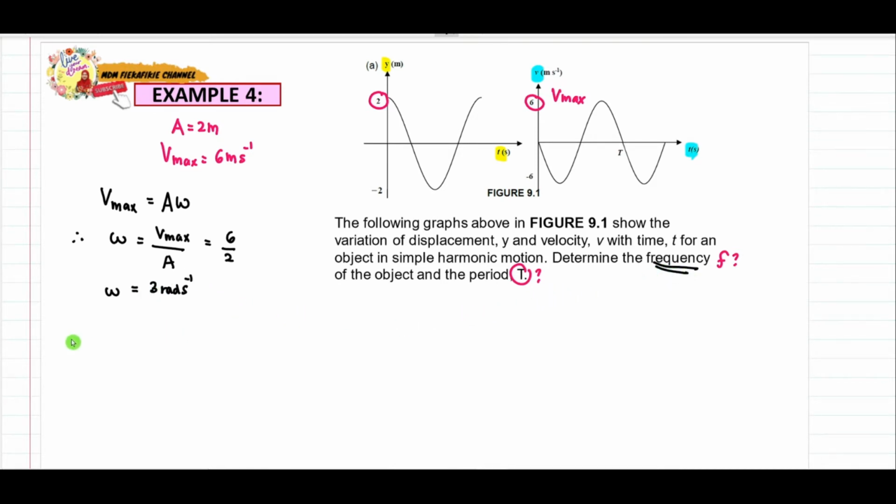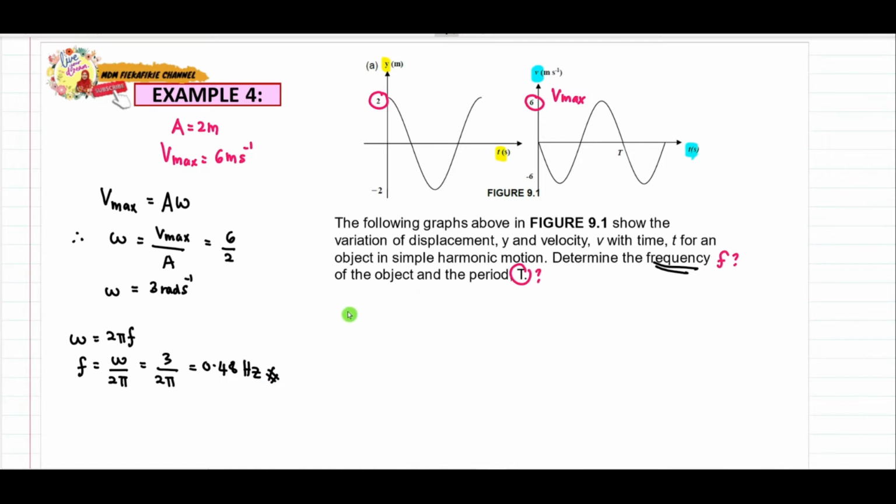So as we know that omega is equal to 2 pi f, therefore frequency is equal to omega over 2 pi. So kita boleh kira lah dia punya frekuensi berapa dekat sini. Substitute nilai omega equal to 3 radian per second. So you akan dapat 0.48 Hertz. So this is the frequency.